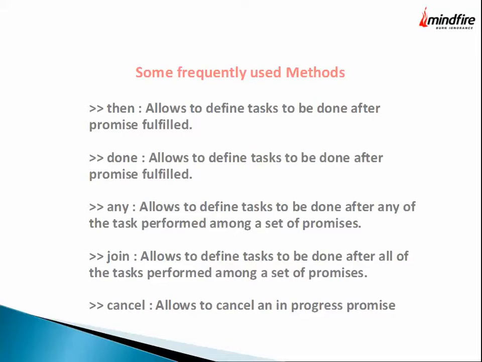In literal terms, if my work is done, then do this. So then allows us to define the task being performed after the whole request-response cycle is done, or my promised work is done, or my promised goal is fulfilled. Right? So it comes to then.